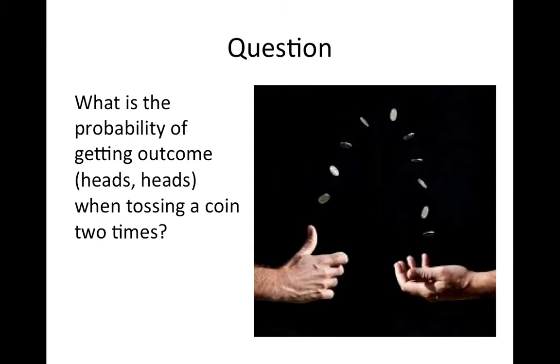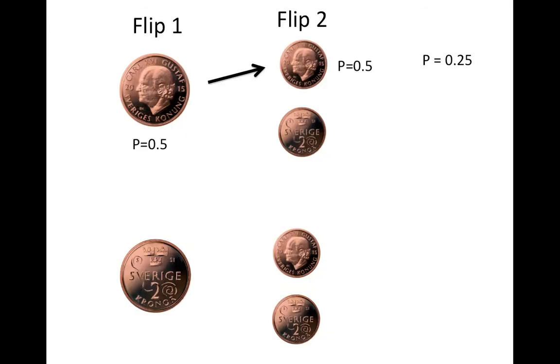Now to another question. What is the probability of getting the outcome heads when tossing a coin 2 times? Each time you flip a coin, the probability of getting heads is 0.5. And when you flip a coin 2 times, there are 4 possible outcome series. Heads, heads, heads, tails, tails, heads, or tails, tails.